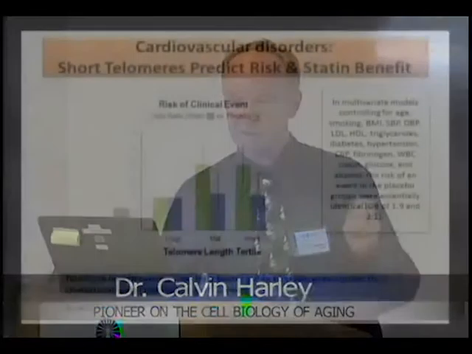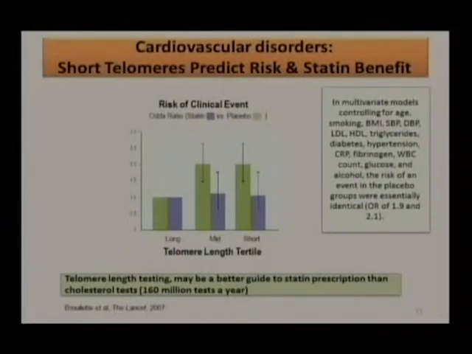So interestingly, in this study, it was statins that were impacting telomere biology, and individuals with short telomeres responded much better to statins, which appear to have a protective effect on telomeres. And individuals who have longer telomeres didn't benefit, potentially because there was no need for, or no added benefit to, lengthening already relatively long telomeres.